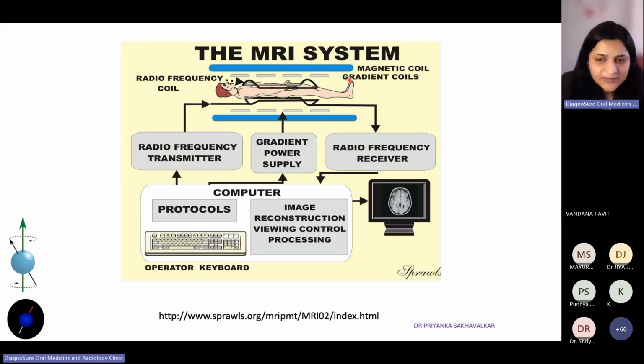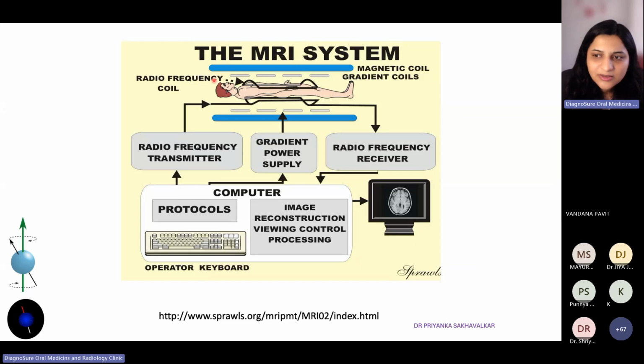Third, the radio frequency coil. The radio frequency coil sends radio frequency pulses to excite protons in the tissues and then receives the emitted signal as the protons return to their original state, helping create an image. Whenever a magnet is moved, according to the law of Faraday, it generates electric current.